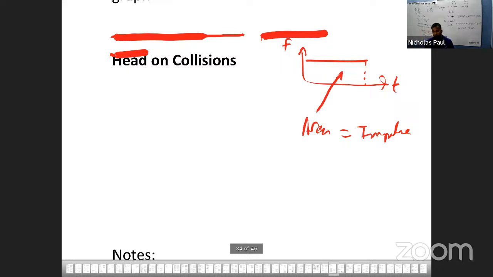A force versus time graph for cars that underwent a head-on collision.